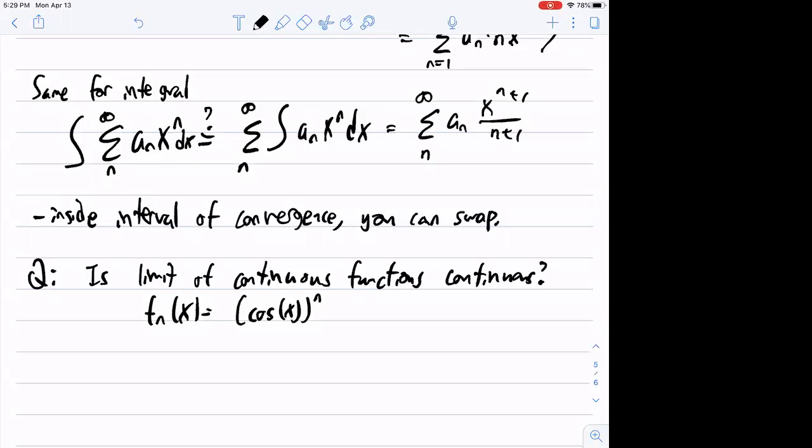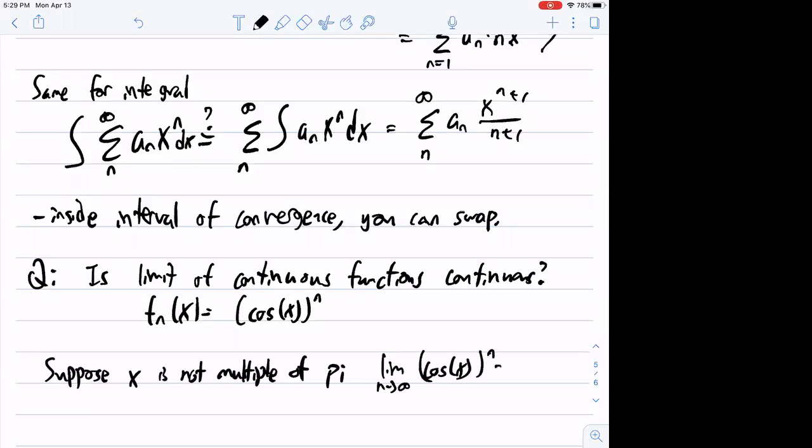Suppose x is not a multiple of pi. Then what is the limit as n goes to infinity of cosine of x to the n? If x is not a multiple of pi, cosine is not negative 1 or 1, so it's some number between negative 1 and 1. If you keep raising a number between negative 1 and 1 to some power, it gets smaller and smaller.